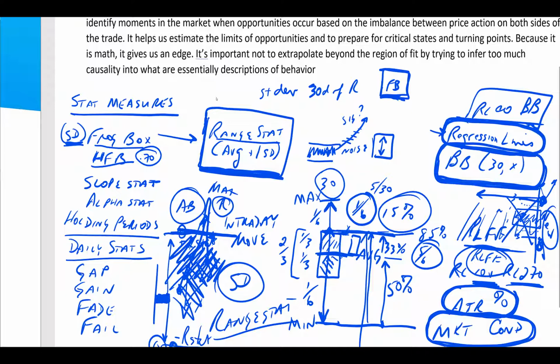We use descriptive statistics on these daily statistical measures of performance, like the gap stat, the gain stat, the fade stat, and the fail stat, all of which are measures of the statistics of how far things move from the open over the last 30 days to determine what would be the normal range of sell-off from the open, or the normal gains from the open. So we use descriptive statistics in that sense.